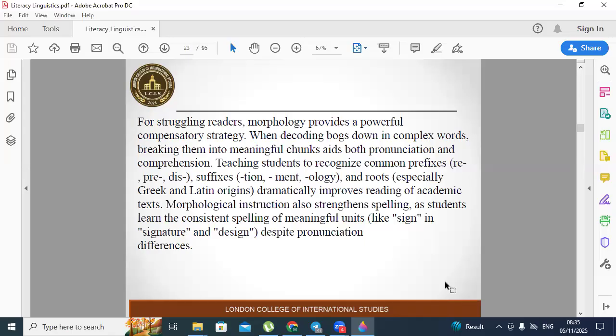Research shows that morphological instruction significantly improves reading comprehension, spelling, and vocabulary acquisition across grade levels, yet it's often neglected in favor of phonics-only instruction. We need both.